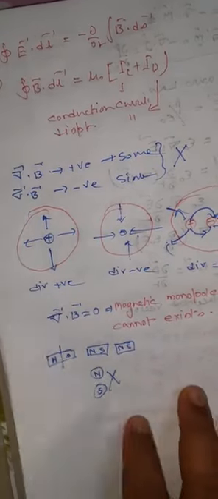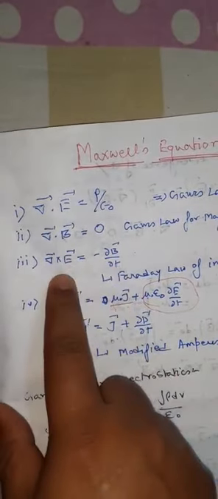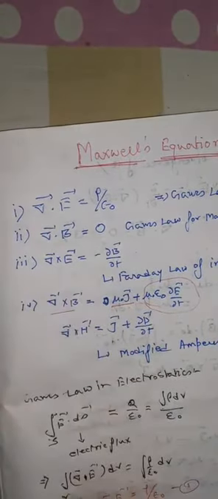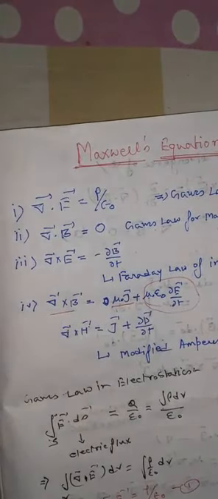The third and fourth laws are more essential for electromagnetic wave purposes, and it is proved that a changing magnetic field can produce an electric field, and also a changing electric field can produce a magnetic field. So what does Faraday's law say?